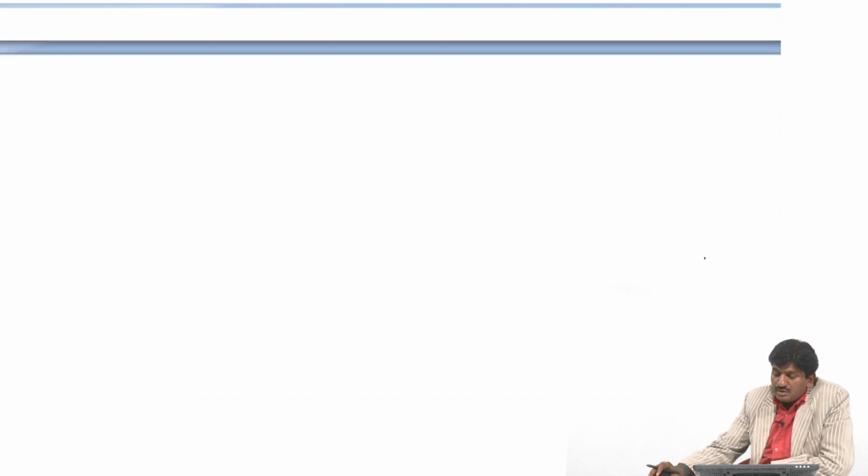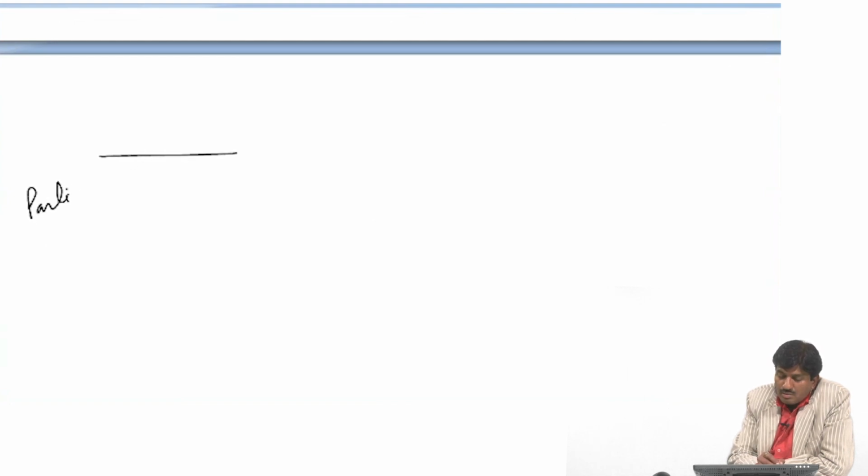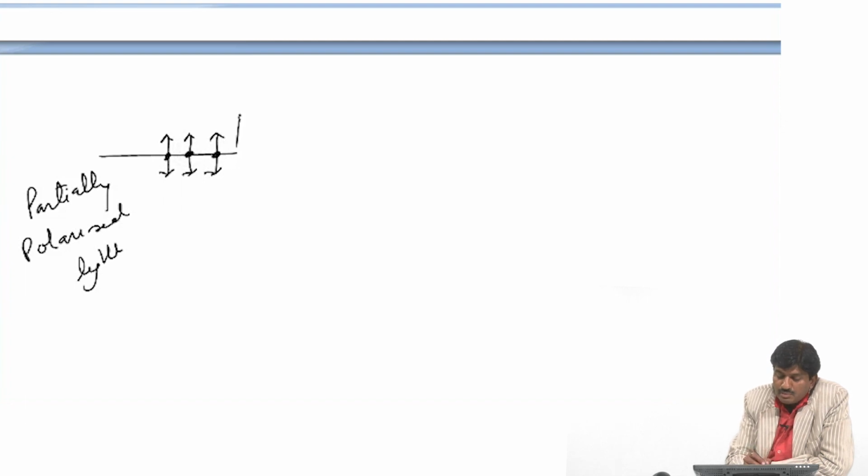Suppose the light which is incident is partially polarized light, and we can represent the partially polarized light like this. This is the representation of partially polarized light.